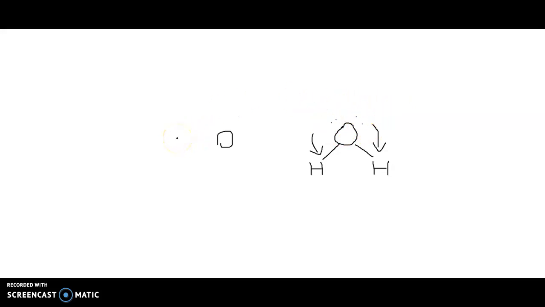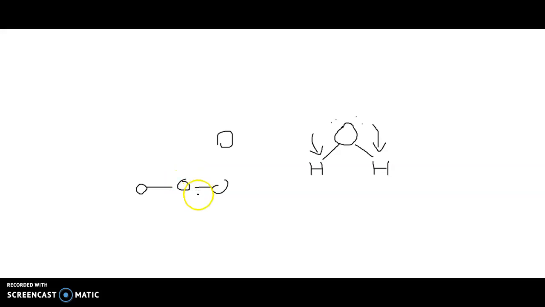So let's say I have a molecule, here is my central atom and two identical atoms on the other ends, so I just have two pairs of electrons. Then in this case, I'm going to have a linear shape.